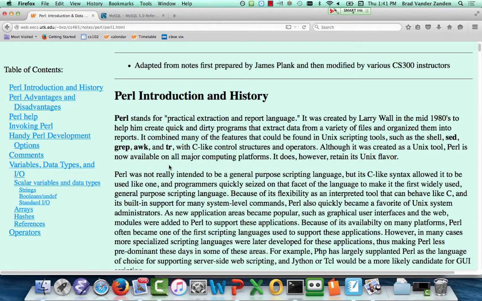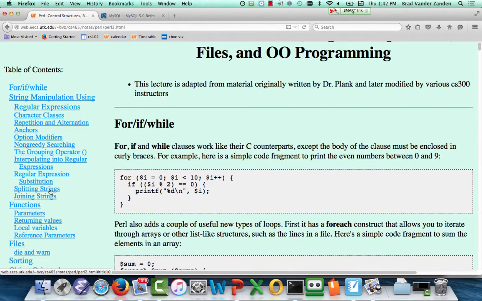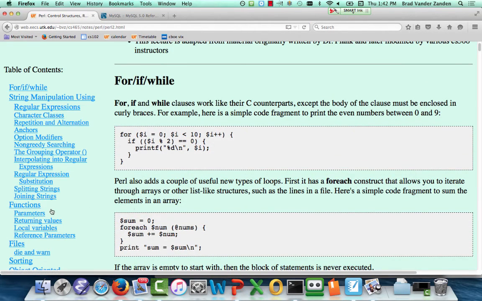Perl gives you access to the system level facilities through Perl's own syntax. So Perl has its own built-in commands for getting access to system functions.